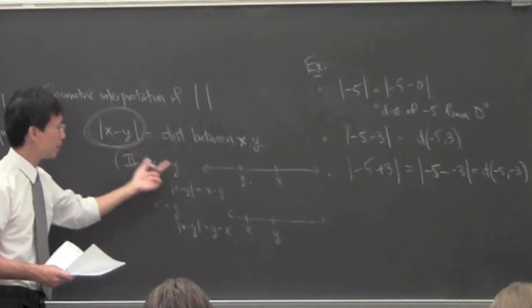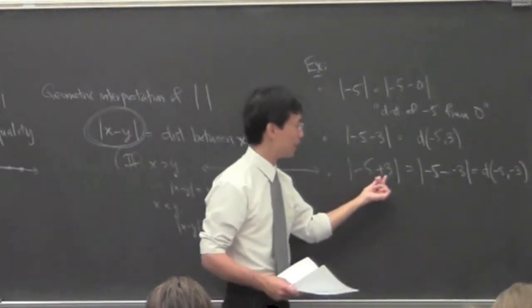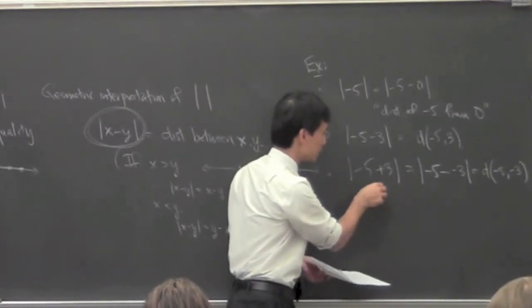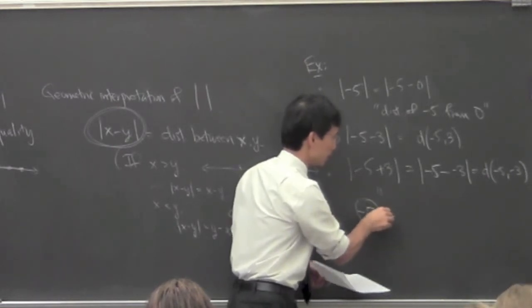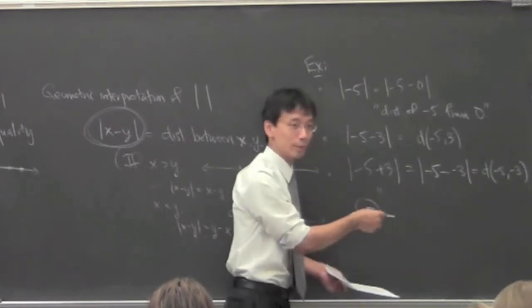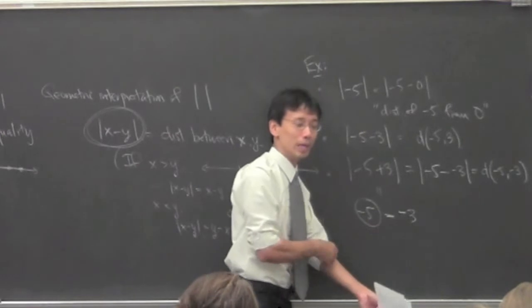As we saw here, you have to have the minus sign. So you want to express this as something minus something else. Well, there's a plus here, so I'm going to be clever and turn that plus into a minus minus.